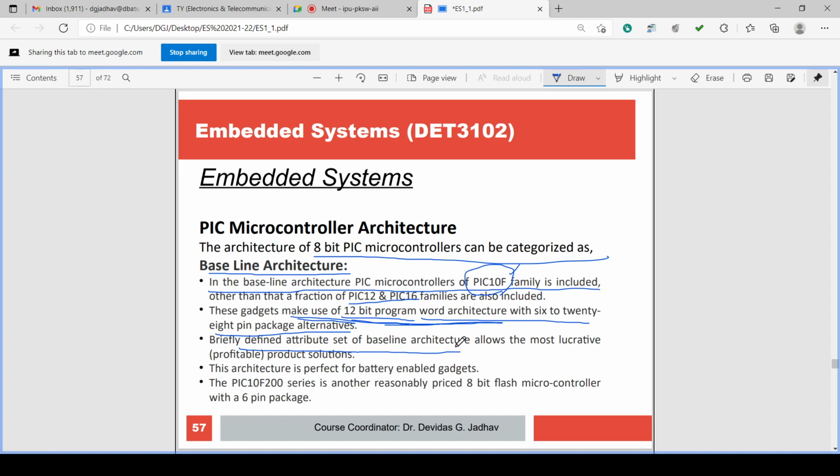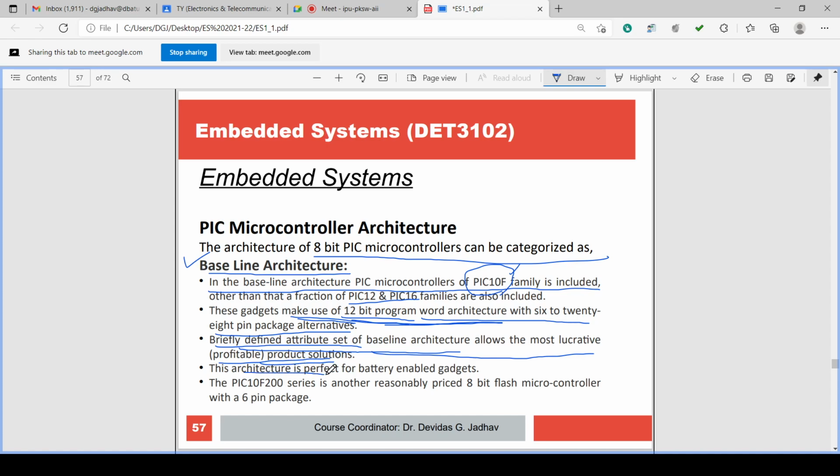Briefly defined attribute set of baseline architecture in PIC. What attributes in the case of PIC microcontroller make it baseline architecture? The baseline architecture allows the most lucrative, most profitable product solution.